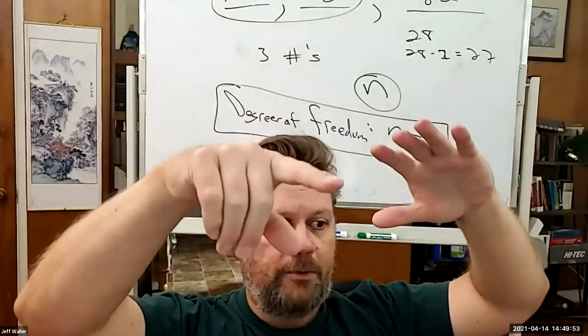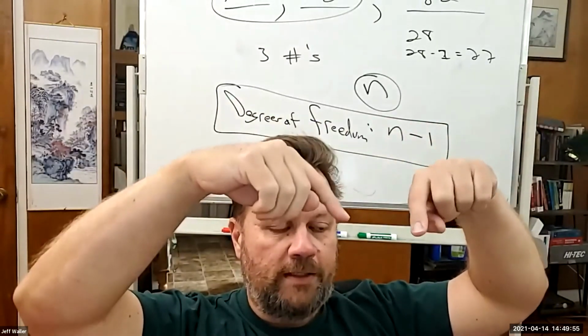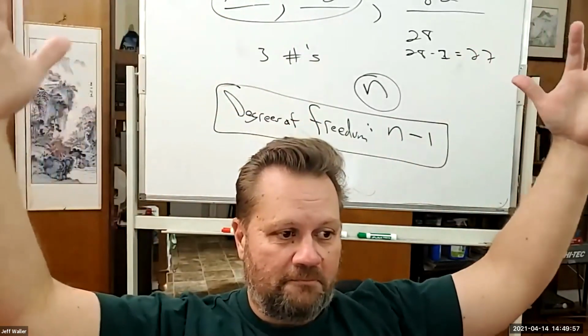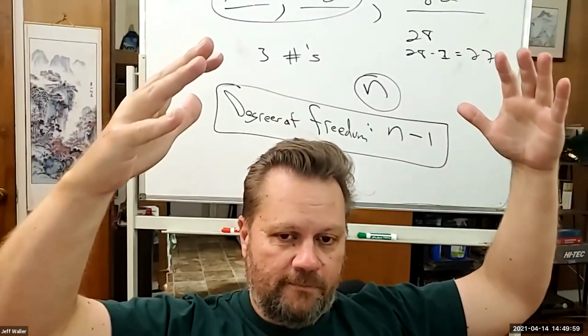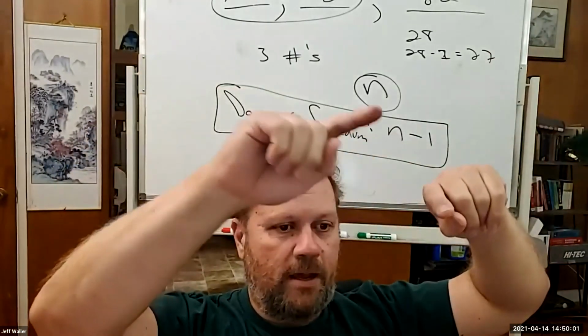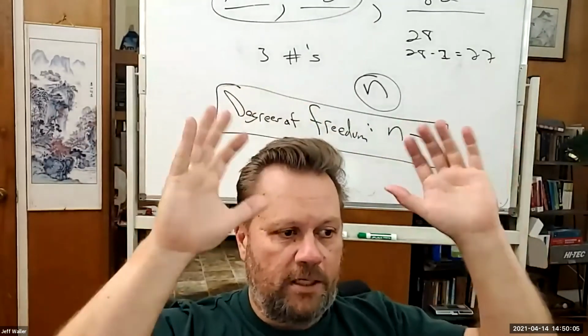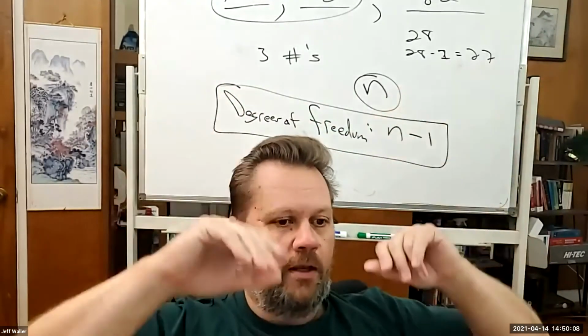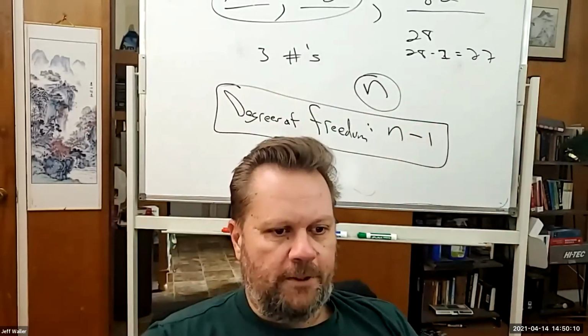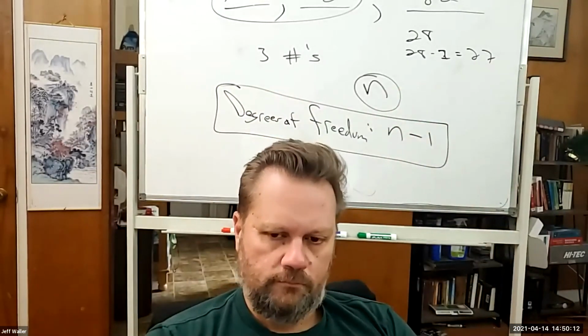X bar is the sample mean. Mu is the population mean. Got it. Sigma is the population standard deviation. S is the sample standard deviation. So a population gets Greek letters, and the sample gets our letters. Okay. Got it. Thank you.